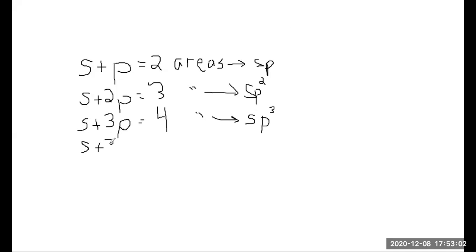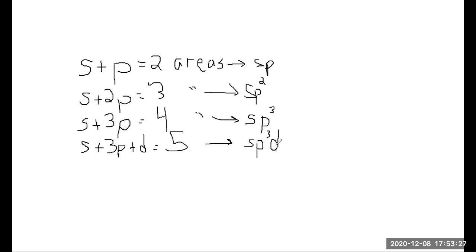You have 1S, 3 P's plus 1D. This will give you 5 areas, which then ultimately leads to having sp3d hybridization.